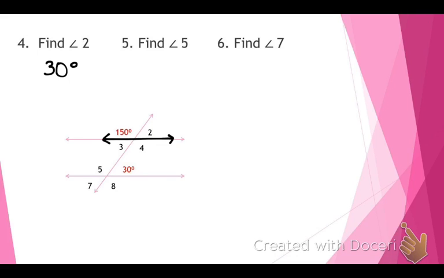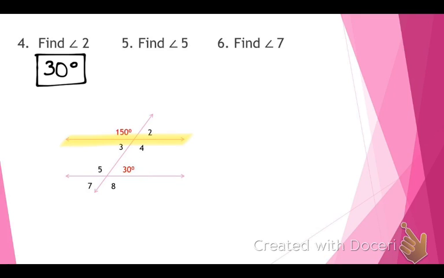Okay, is there any other way we could have figured out what angle 2 was? 150 plus 30, yeah, that's fine. Anything else? 180 minus 150. Listen, does anybody remember what this one and that one are called? What kind of angles? Corresponding angles. Do you guys remember that word?